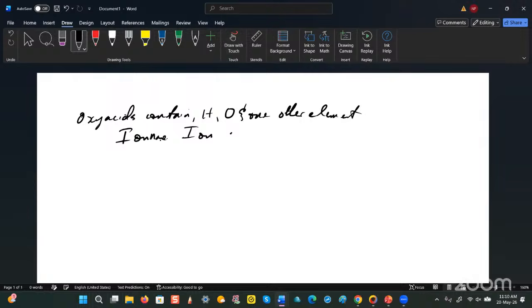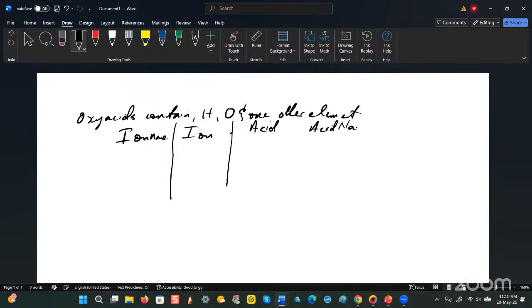All right? Ion name, then the ion. And then the corresponding acid. Okay, I think this will work. And then the acid name.